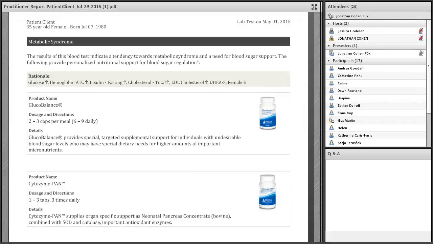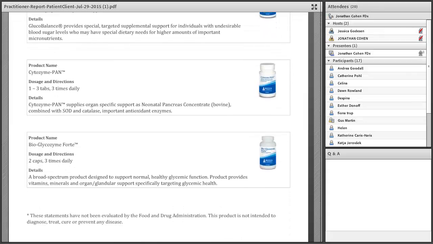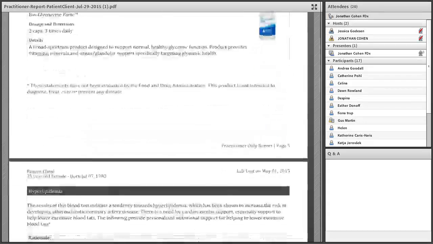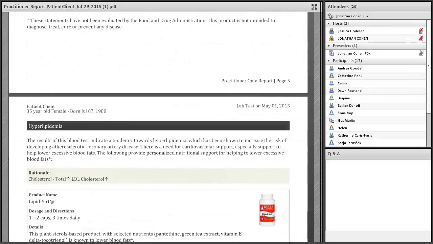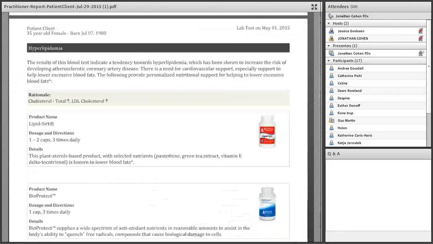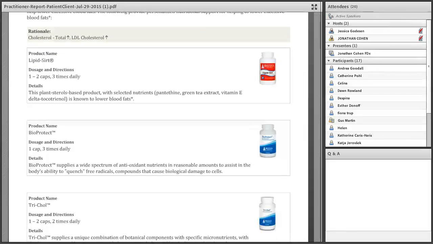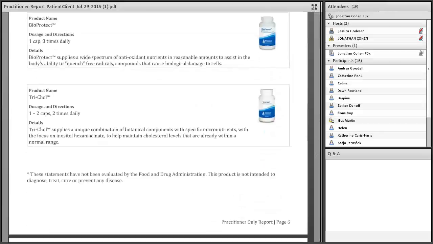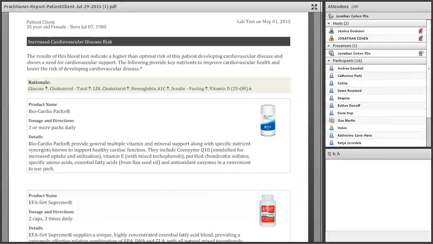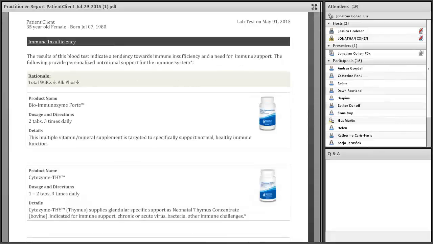Here are some products that if you were using Biotics Research, then you could be using GlucoBalance, you could be using Cytozyme-Pan, you could be using BioGlycozyme Forte. For hyperlipidemia, you might use their Lipid Cert, BioProtect Tricol, and it goes on through the list of items here.